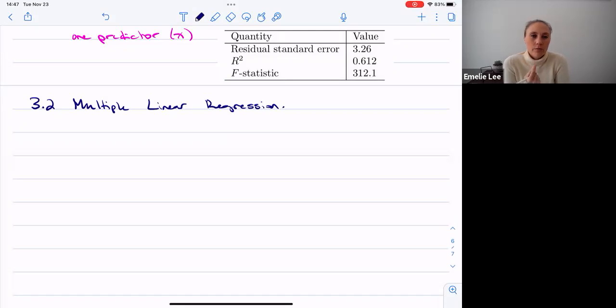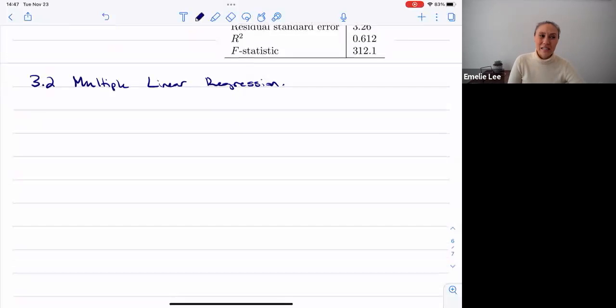So for visualizing, we stick to 2 predictors. Arguably impossible. You could have 3 predictors, but I'll show you what happens in a little bit here.